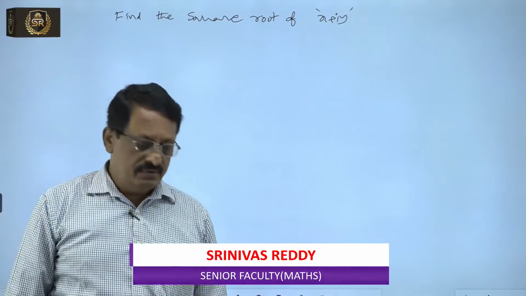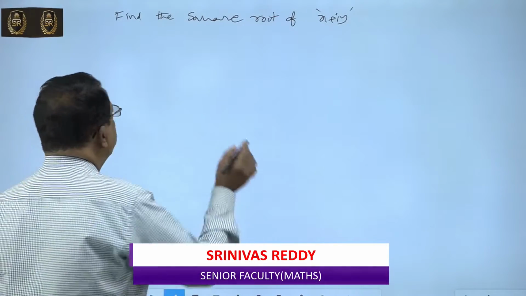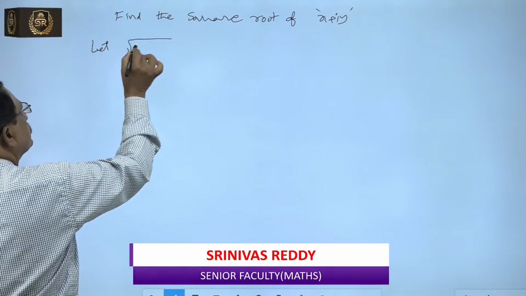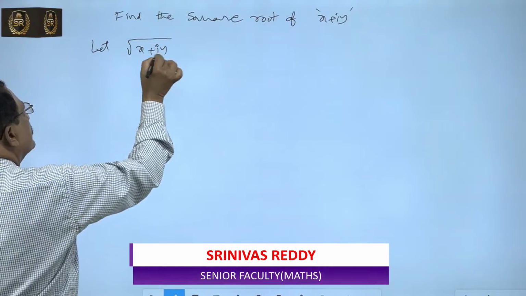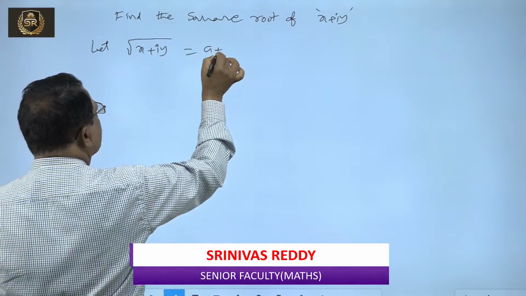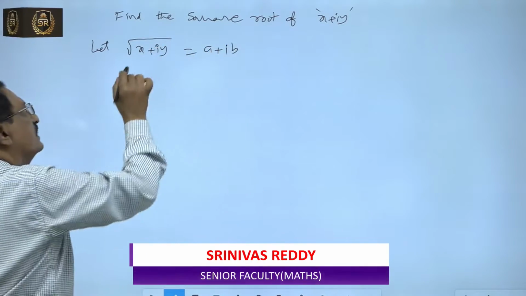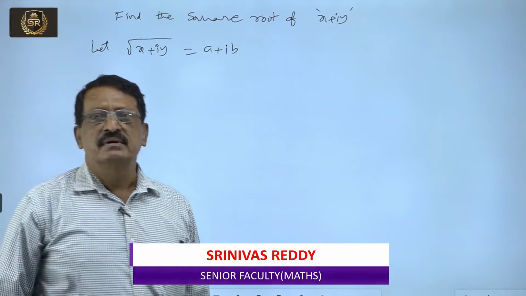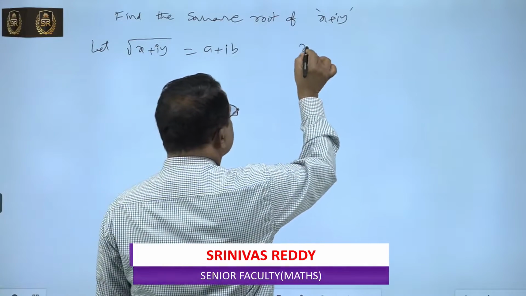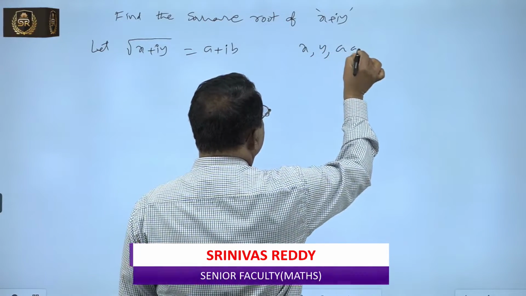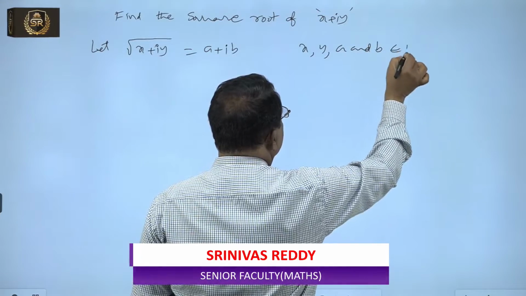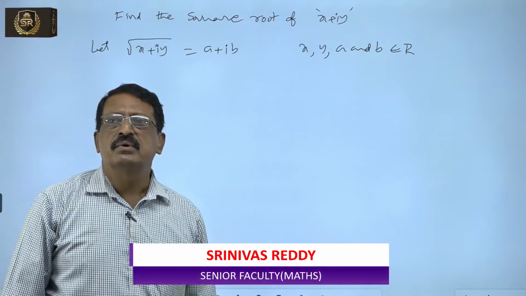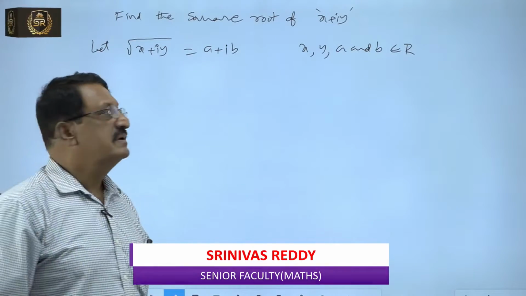Now first let the square root of x plus iy equal some a plus ib. Here x, y, a and b are real numbers, where x, y, a and b belong to the real number set, not imaginary numbers. The coefficients of complex numbers are always real.